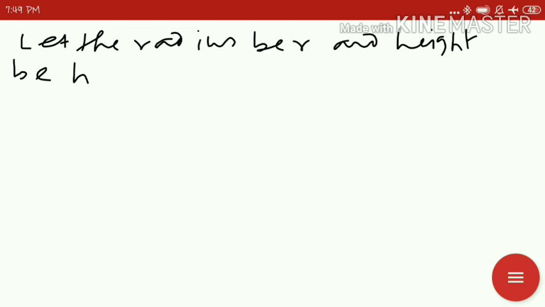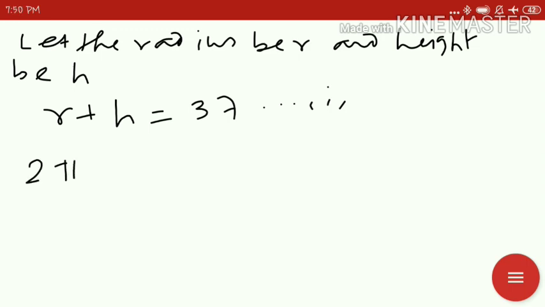The first clue is given that the sum of the radius and height is 37 centimeter. That is our first equation. The second thing given is that the total surface area is 1628. We know the formula for total surface area: 2 pi r into r plus h equals 1628.